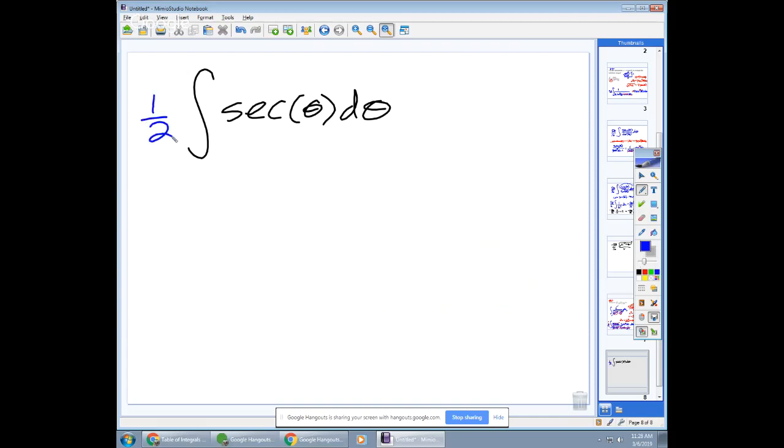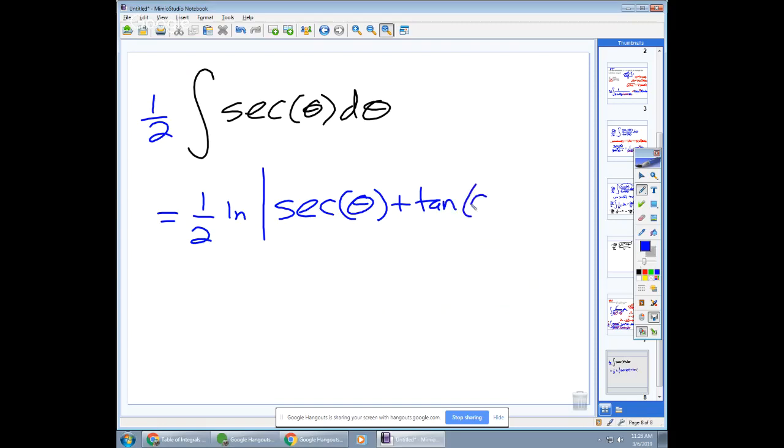So this is where we're at in terms of our problem. Turns out the antiderivative, the 1/2 hangs out. It's just the natural log of the absolute value of the secant of theta plus the tangent of theta. Now we have to reverse substitute.